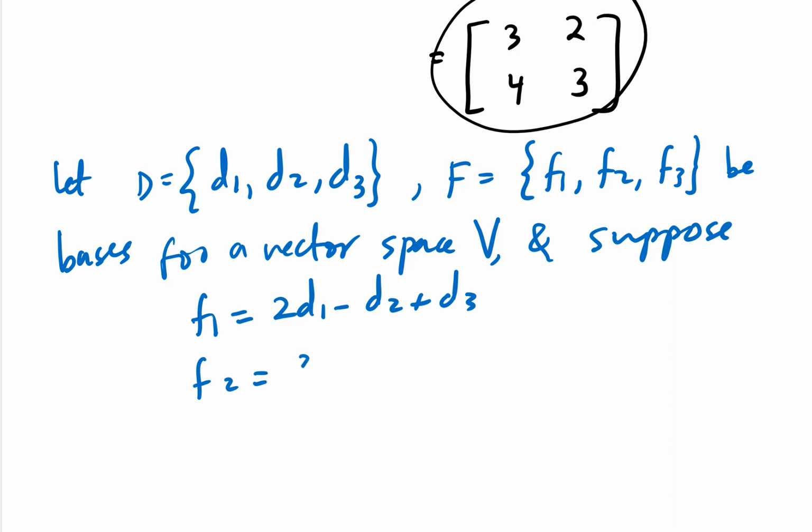F2 is 3D2 plus D3. F3 is negative 3D1 plus 2D3.